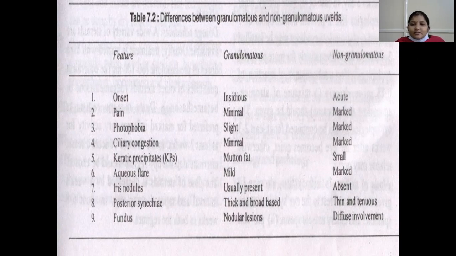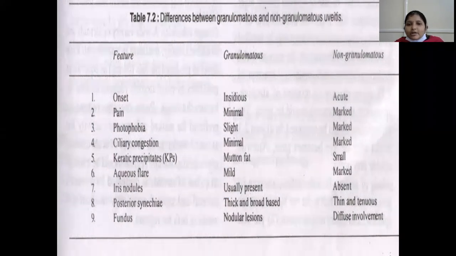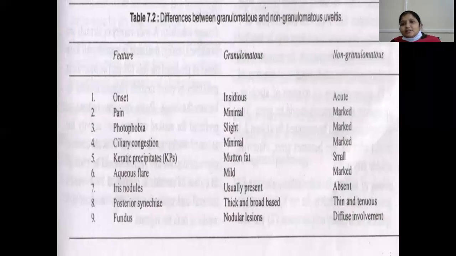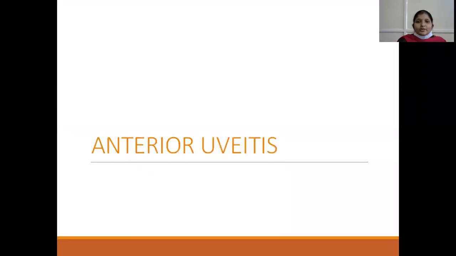All the signs are less in granulomatous and more in non-granulomatous. But iris nodules are present in granulomatous and absent in non-granulomatous. Posterior synechiae are thick and broad based in granulomatous, thin and tenuous in non-granulomatous. In the fundus, we can see nodular lesions in granulomatous, whereas there is diffuse involvement in non-granulomatous.